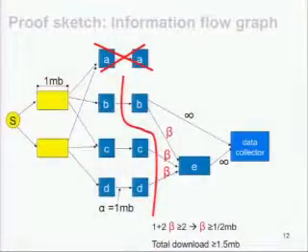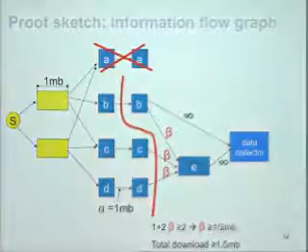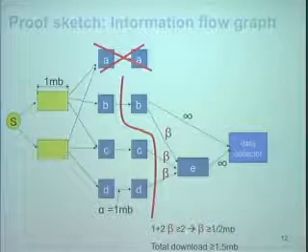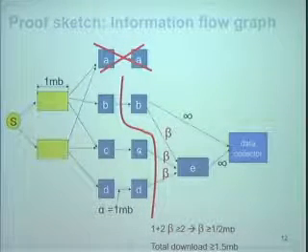So if you compute the minimum cut in this example, this is 1, cutting this edge, plus 2 beta. And you find that 1 plus 2 beta has to be greater than or equal to 2 megabytes. So beta has to be at least 1/2. So this is how you find that you could not communicate less than 1.5. But how do you actually achieve that? How is it possible to achieve? This is called a cut-set lower bound.